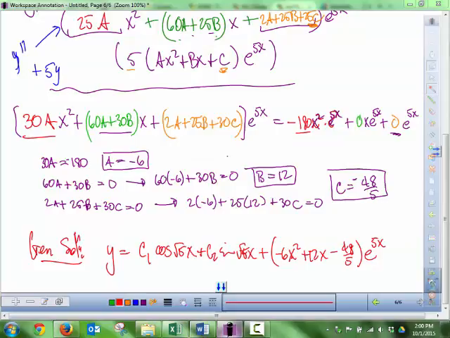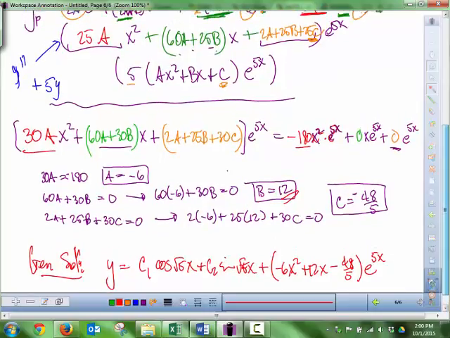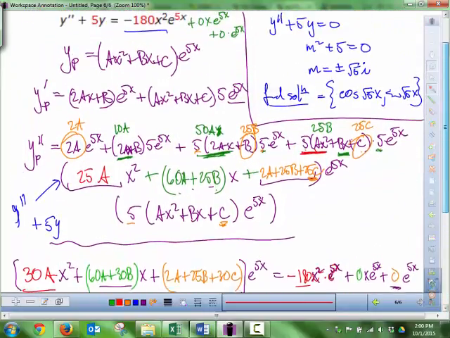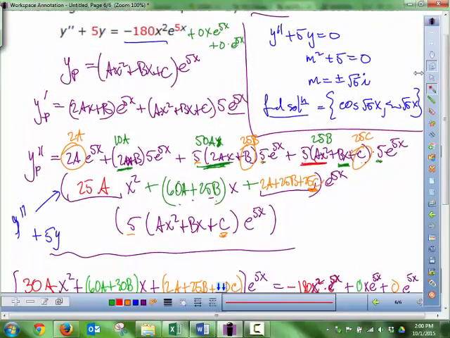Where's the mistake? I think it was in the first step. The A is correct, but 20A, 25B.